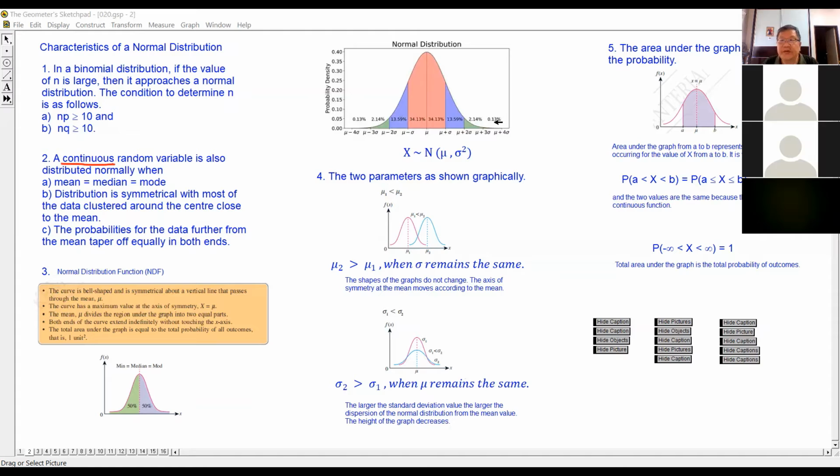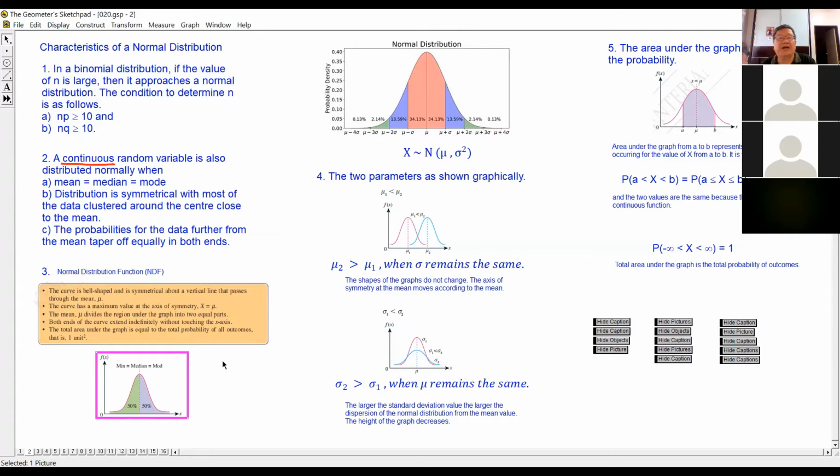If they are not symmetrical, then you cannot calculate the probability. So it means that 50% of the students will have marks bigger than the average, and another 50% of the students will have marks less than the average. So the mean is the dividing point between the top half and the bottom half.